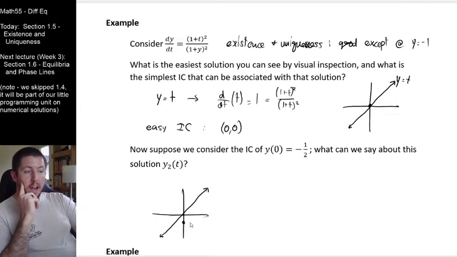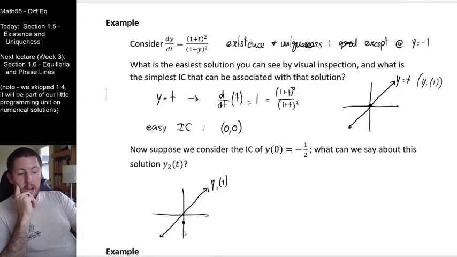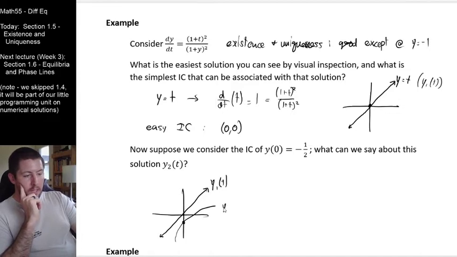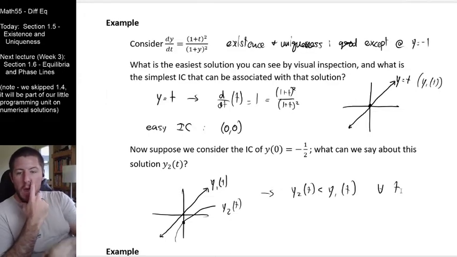So what I know is that this solution, y2, if I call this my y1 of t, cannot cross this. We might be able to find some other solution that's out there, but whatever it looks like, this y2 of t must be less than y1 of t for all t.